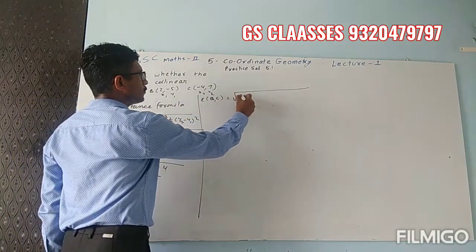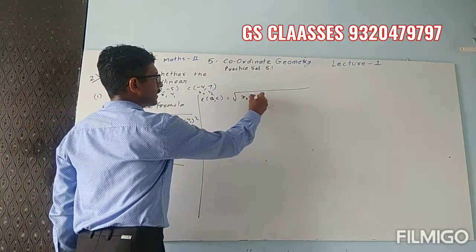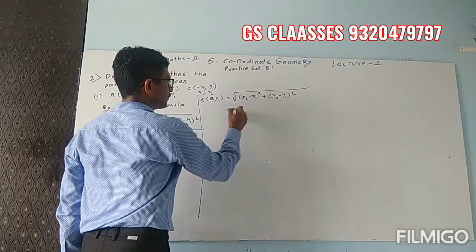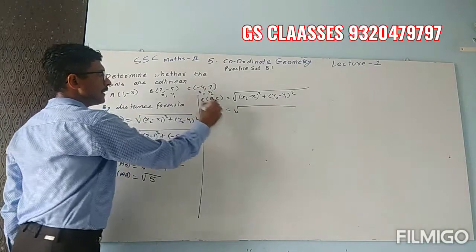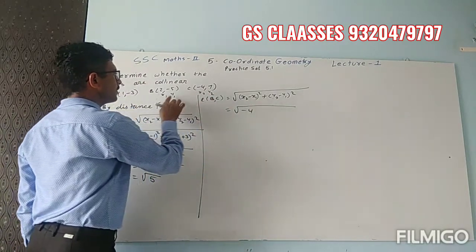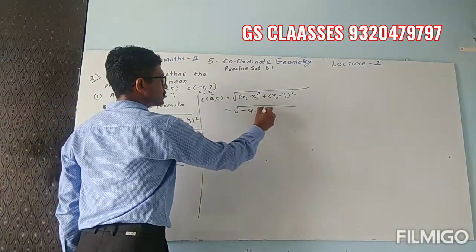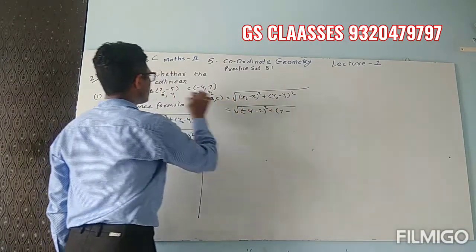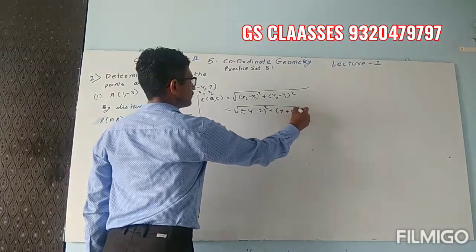So we will be now using the formula x2 minus x1 the whole square, y2 minus y1 the whole square. Put the values. X2 is what? Minus 4. X1 is what? Minus 2 the whole square. Y2 7 minus 5 the whole square.